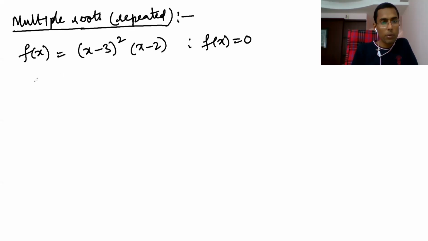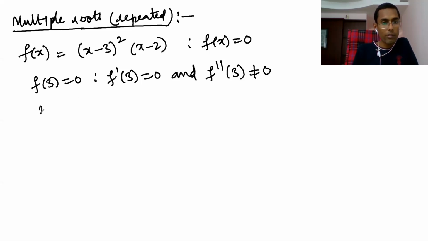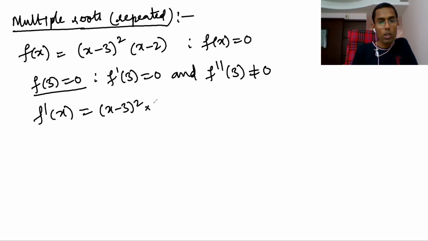Here 3 is a root of multiplicity 2, which implies f of 3 is 0, f dash of 3 is 0, and f double dash of 3 is not equal to 0. See, f of 3 is 0. F dash of x is (x minus 3) whole square into 1 plus 3 into (x minus 2) into (x minus 3).